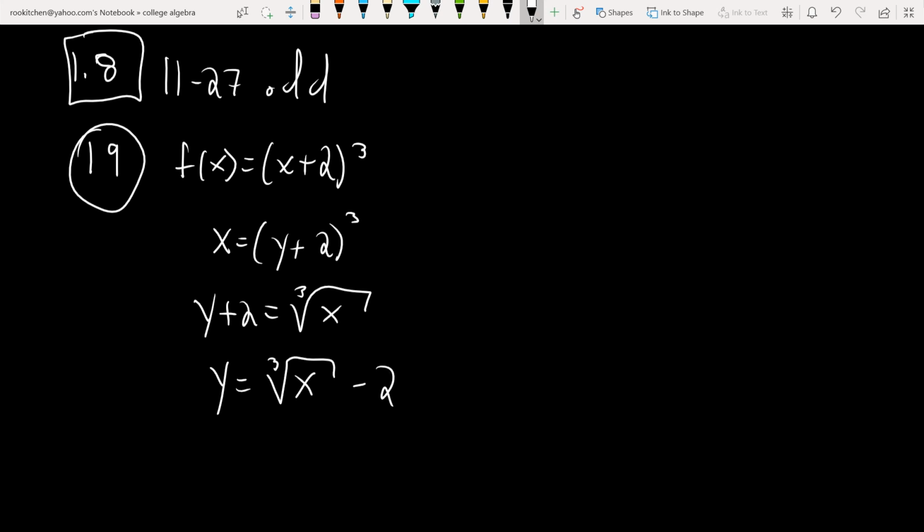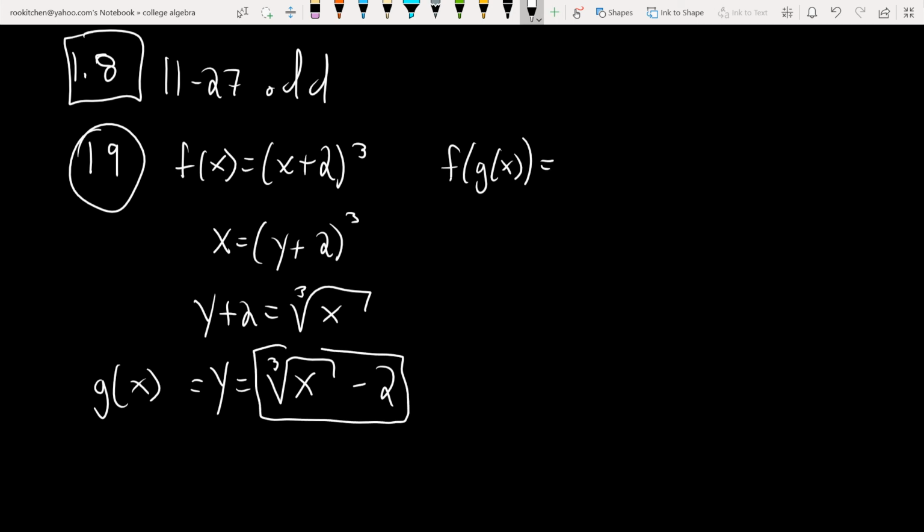Okay? So we call that whatever, f inverse, g of x. We still need to verify it, right? So I go f of g of x. Okay, so I'm putting this expression in for x in f of x. So I have parentheses there where I'm going to put g of x.